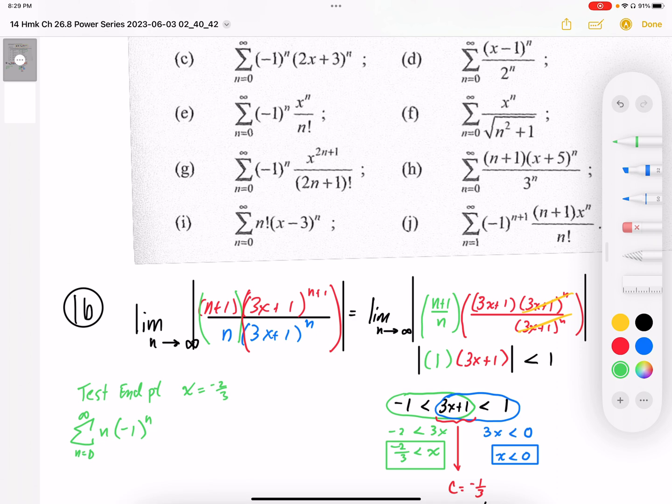So this will not converge. Okay, actually, that's not quite true. If we start at 0, we get 0; n equals 1, we get negative 1; n equals 2, we get plus 2, so we go negative 1, 1, and then we can add those all up. Regardless, that n keeps on increasing. This is divergent.